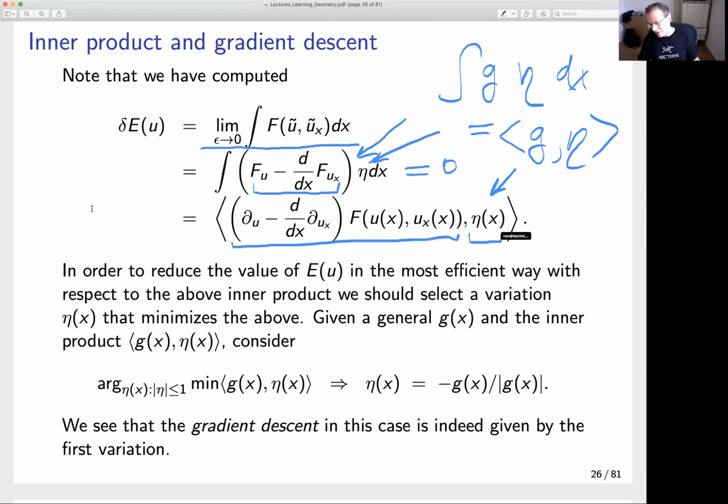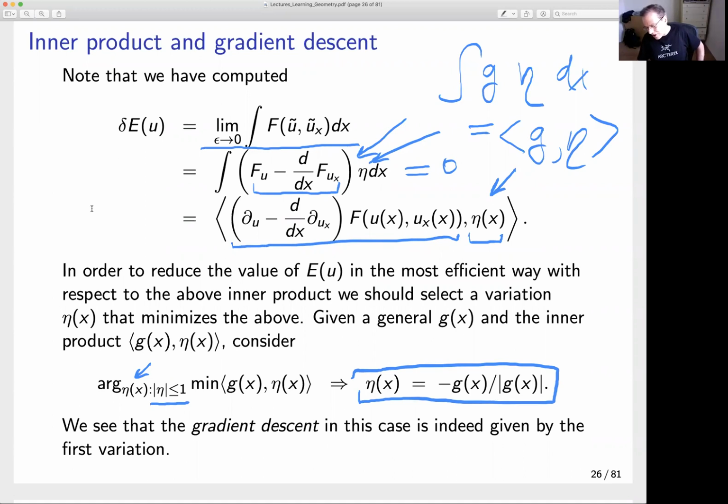And we know that if I limit the norm of my eta to be 1, and from all possible variations I'm looking for the one that would extremize this variation, then the direction at which I have to go is this g function, the normalized g function.